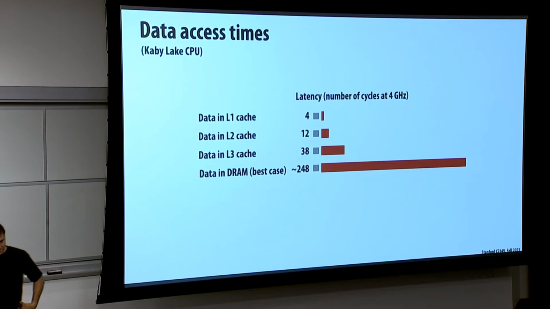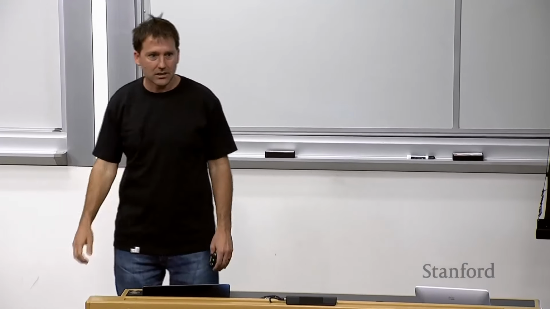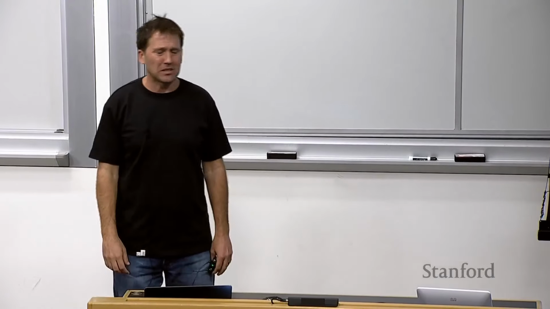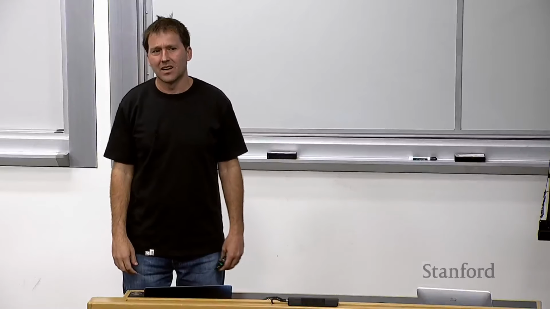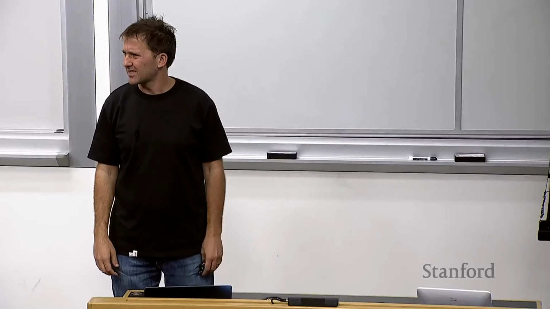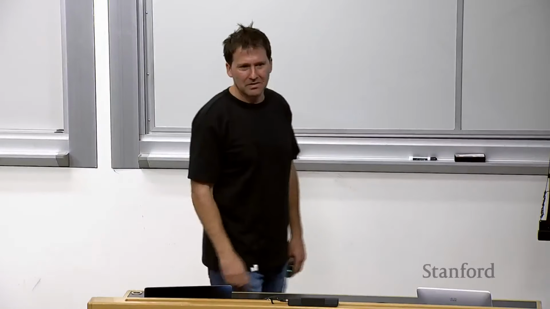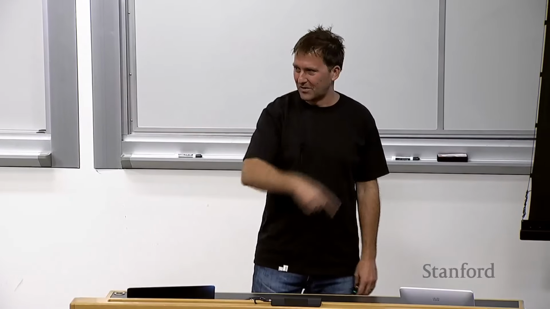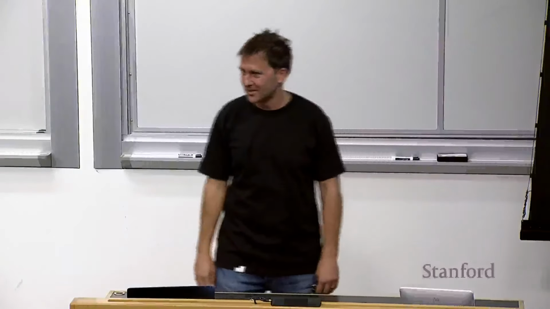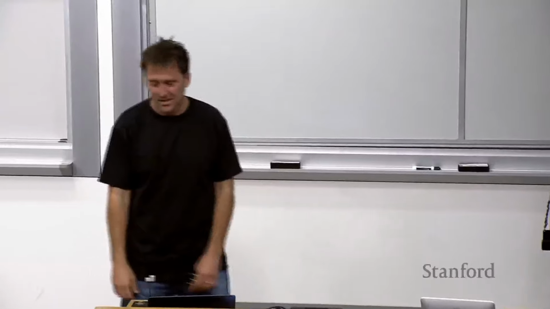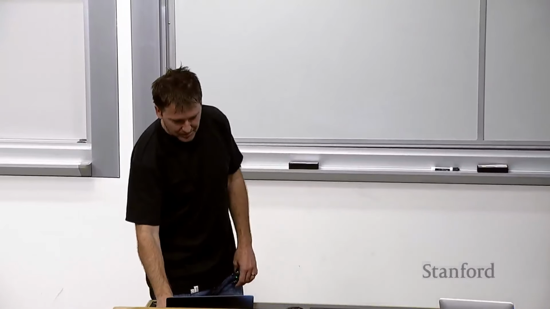Is there no way to just bring it directly to L1? There are ways. There are instructions that say read this data, and I want you to bypass all the caches. I don't think they're as much about reducing latency as they are about not polluting your caches. I have a feeling it actually probably goes through the whole path and then just doesn't get stored. That would be how I would implement it, I guess.